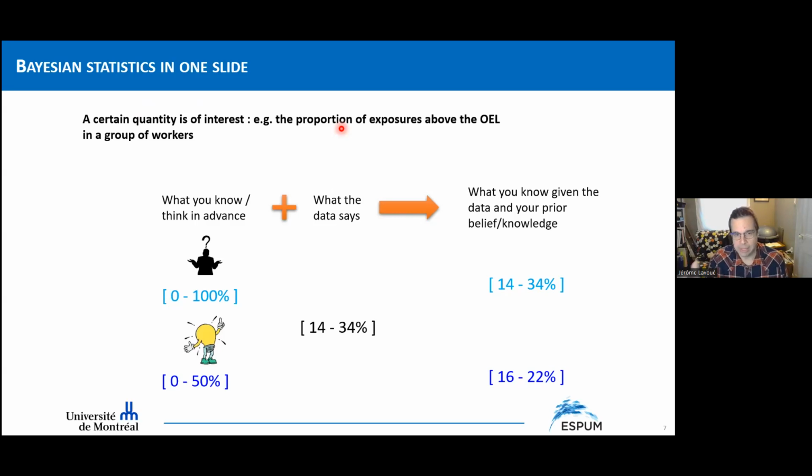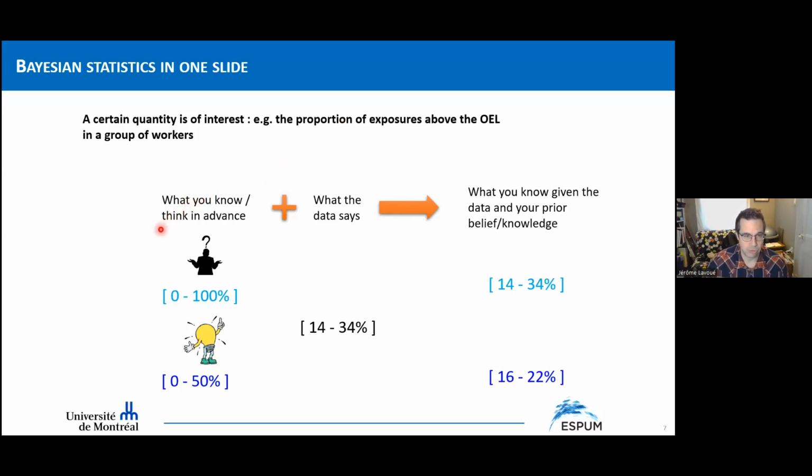Of course, we would like to make sure that this is below 5%, the consensus for an acceptable situation. So one key characteristic of Bayesian statistics is that you need to state what you know in advance about the parameter that is of interest to you. You need to render explicit your state of knowledge about, in this case, the proportion of exposure above the OEL before any data collection.